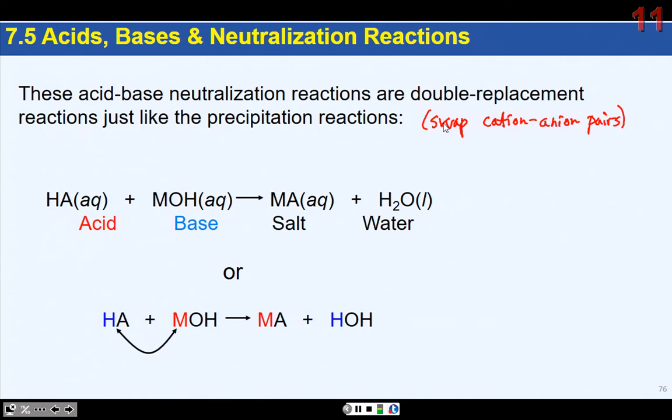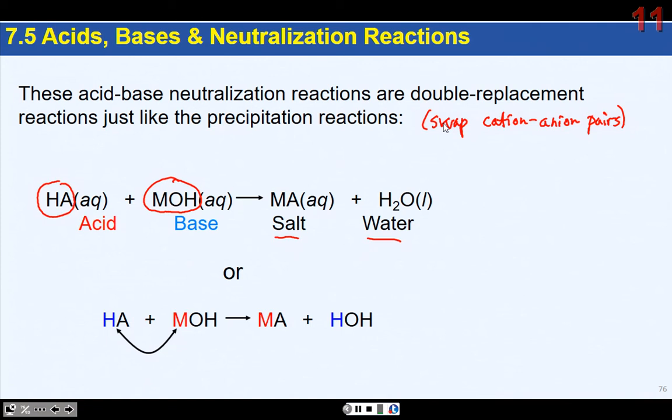So for a neutralization reaction, when you're done, if you've done it in an equal proportion of acid and base or in a balanced equation fashion, there's no acid or base left because the products are going to be salt and water. And so in the case of the generic hydrogen HA acid with the metal hydroxide base, the H and A separate and the metal separates from the hydroxide, and the metal with the anion becomes a salt.